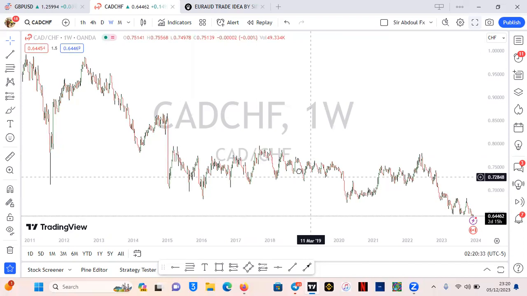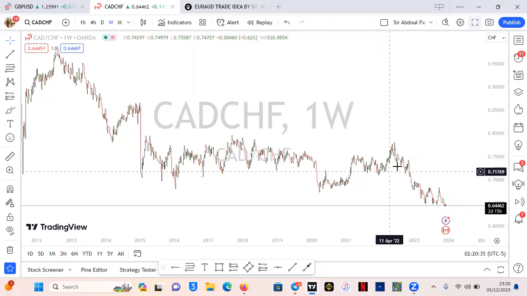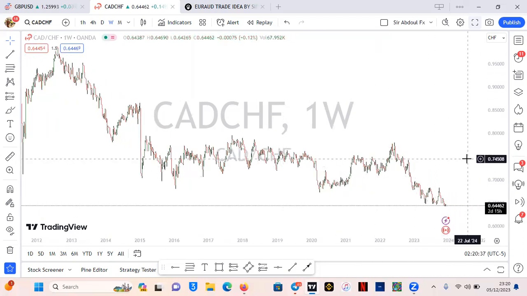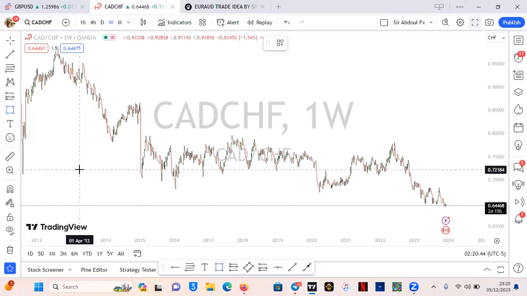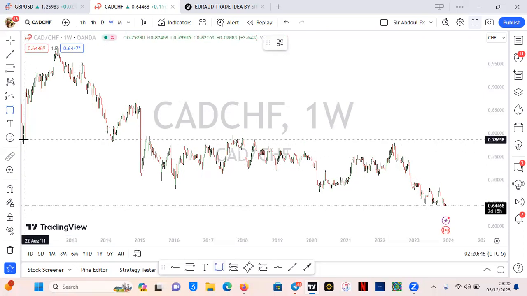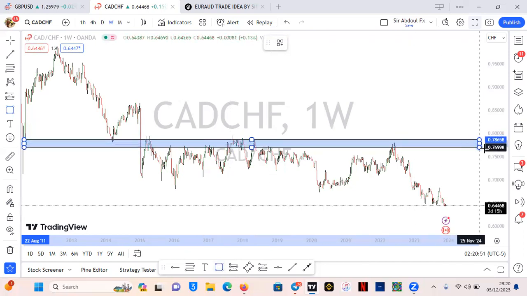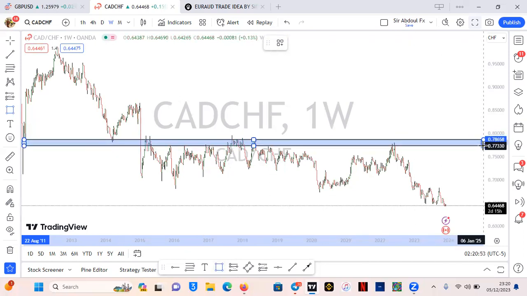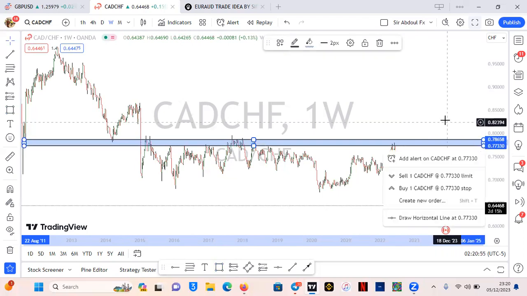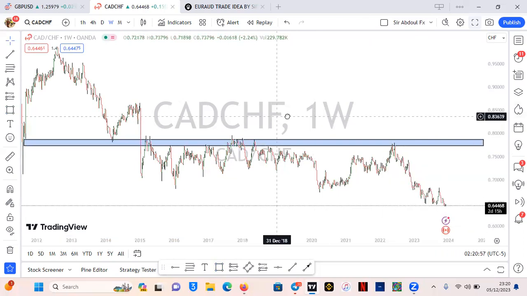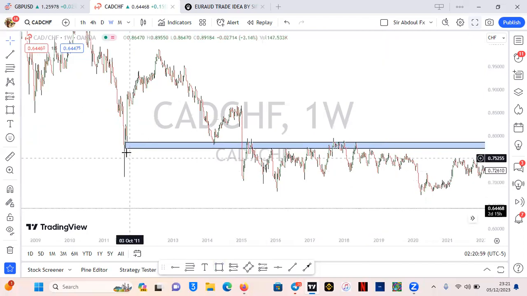So then you can look at the current, like if you use it as your level, let's just plot it. I don't like this thing to be thick because if you scale down to the daily and H4, you can see them very, very big.